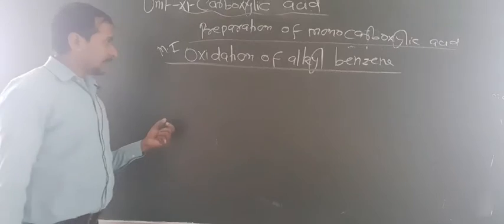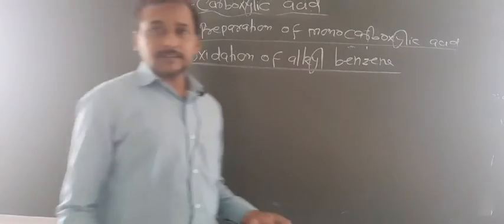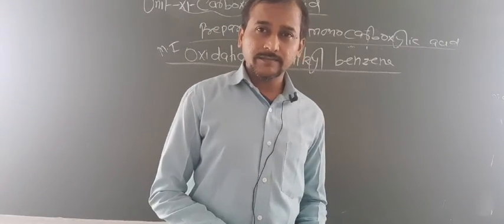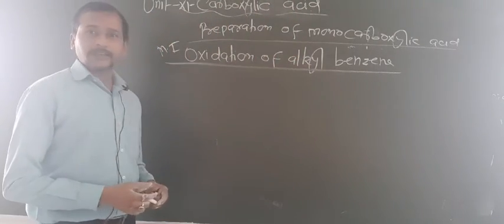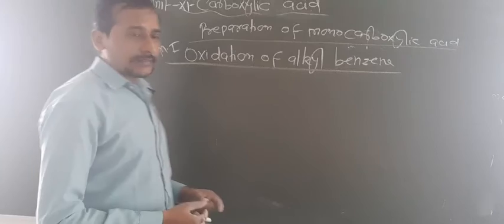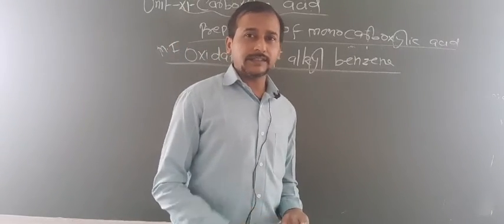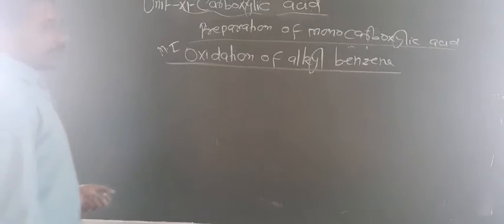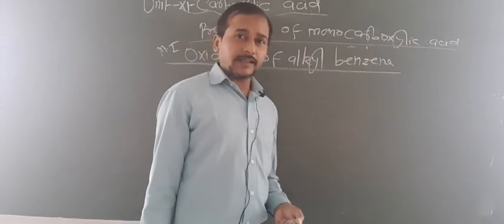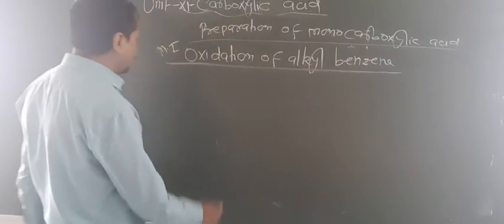Look here. The alkyl group attached to the benzene ring, irrespective of its length, will be changed into the corresponding carboxylic acid, that means benzoic acid or benzene carboxylic acid, in the presence of chromic acid or alkaline KMnO4. So now look at the reaction.